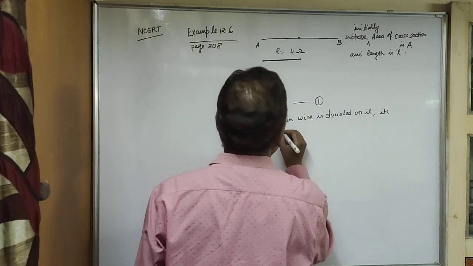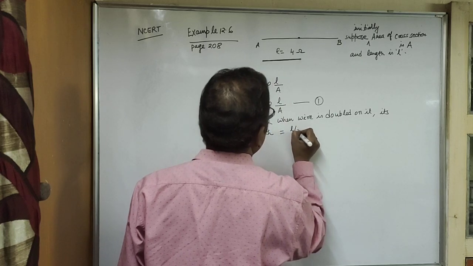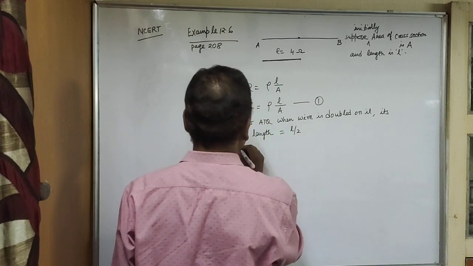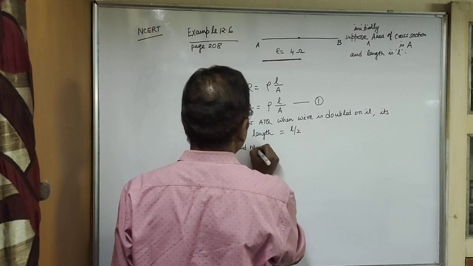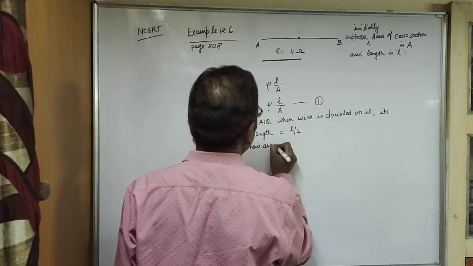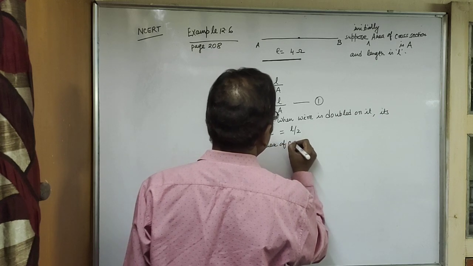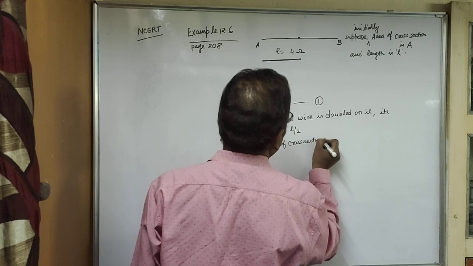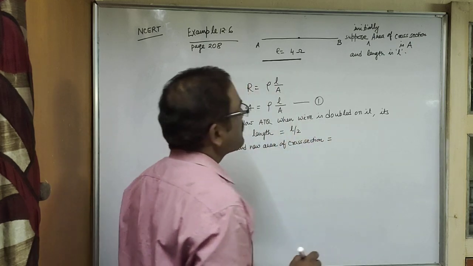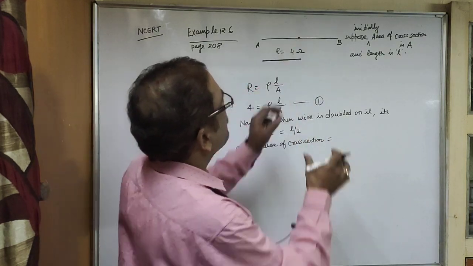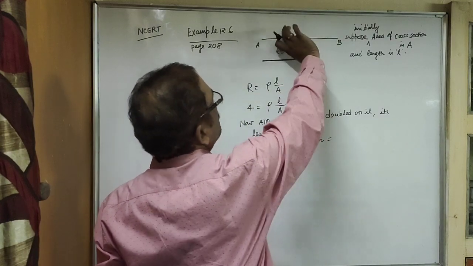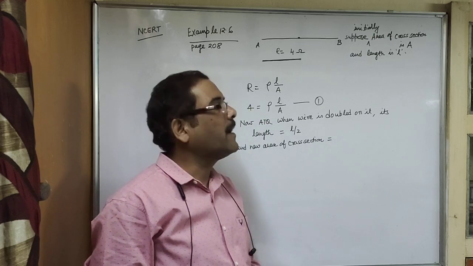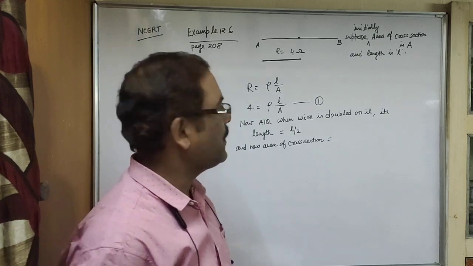Doubling means the length reduces to half, so it will be L by 2, and the new area of cross section will be, if we fold the wire, double.